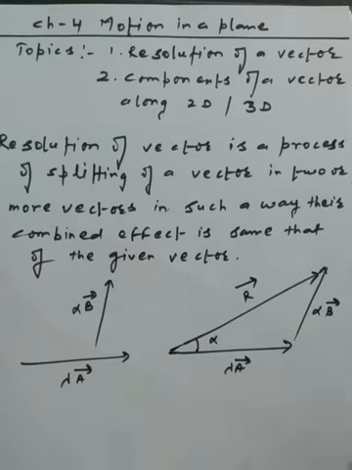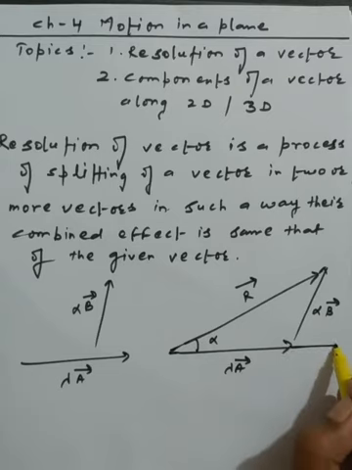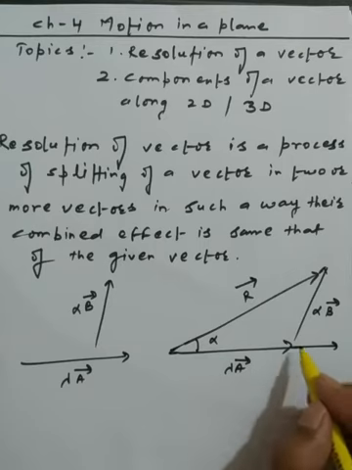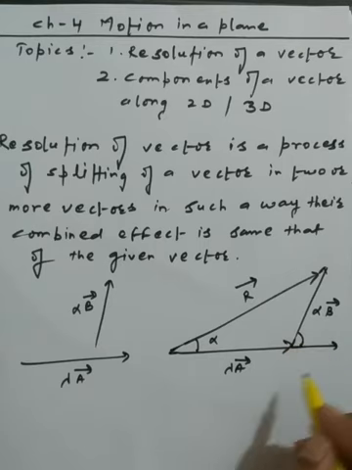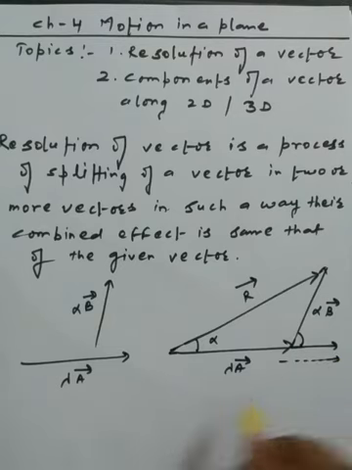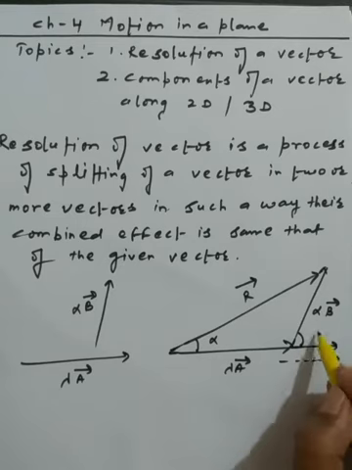And one trick which I want to share with you: if I shift a vector into the same plane, it doesn't create any impact, and we always have to take the angle between the two vectors. So I am extending it in the forward direction, and it doesn't create any impact on the magnitude.